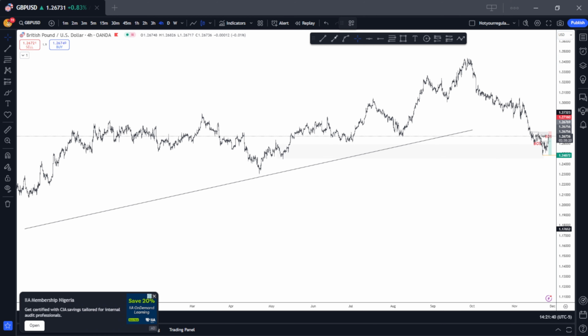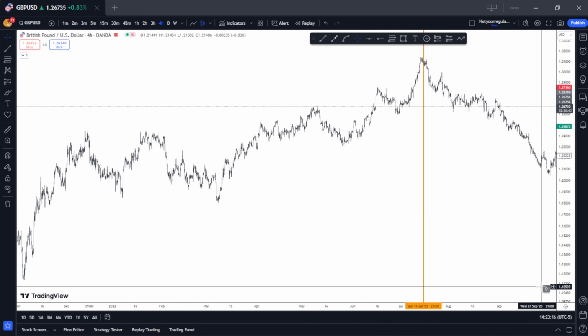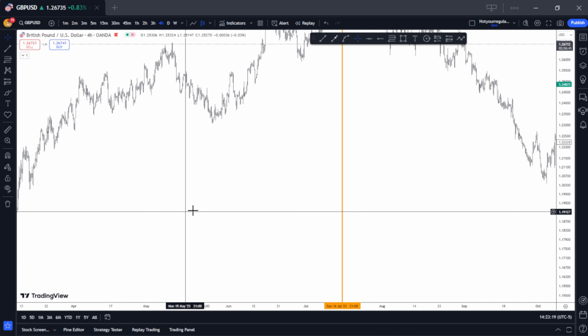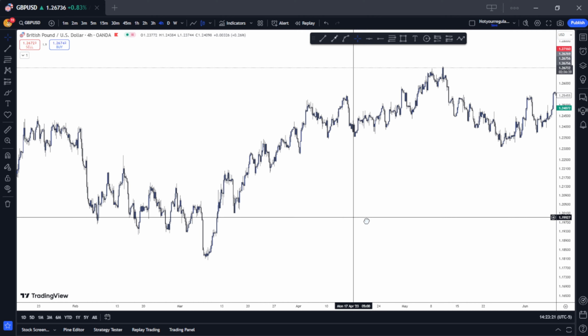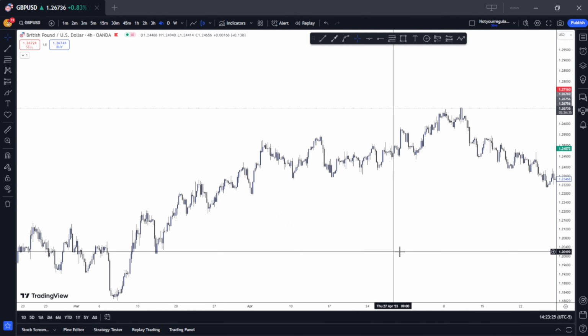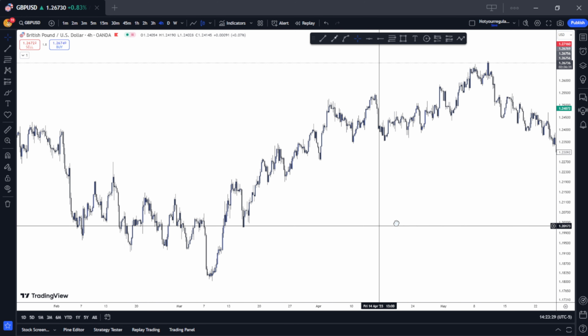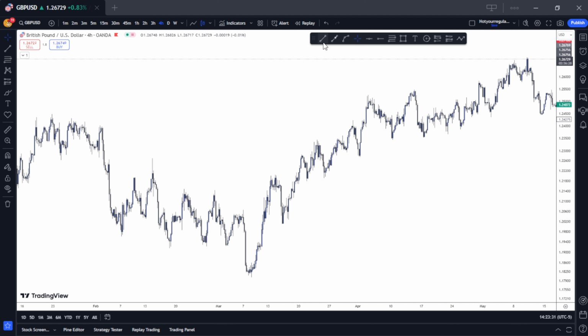Okay, so let's look for a chart example of the market in an uptrend. All right, so as you can see here, the market is trending up.